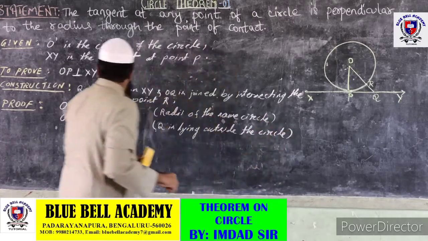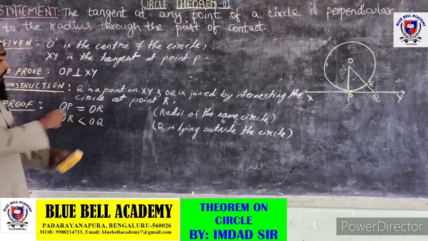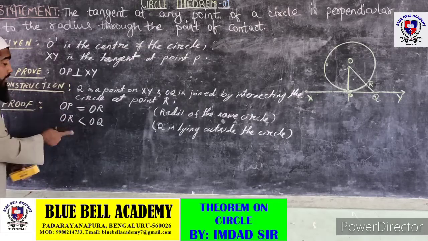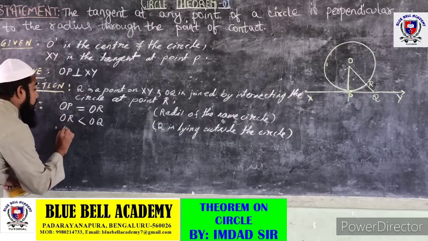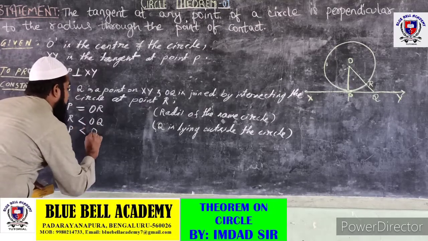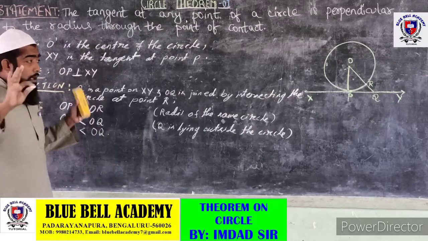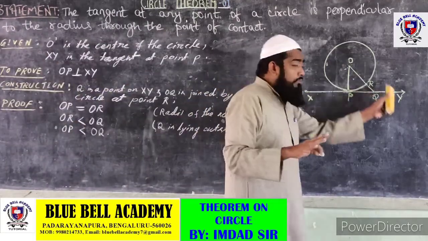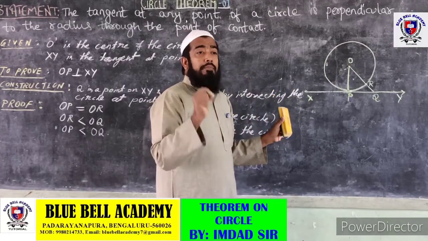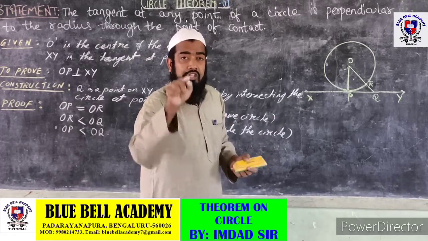So as OR is less than OQ, and we know that OR is equal to OP, in place of this OR, I can write OP. So I have to mention OP is less than OQ. Correct?